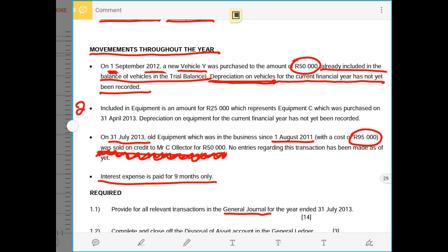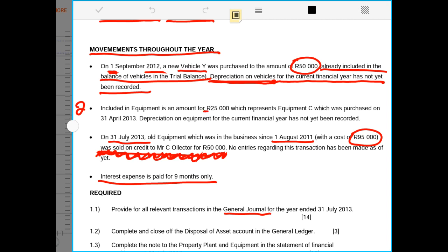In the equipment, we were told that there was equipment costing 25,000, which was purchased during the current year, and it is already included. Look there, the first word, included in the equipment, which tells us that in the total balance, 25,000 rands is already added there.